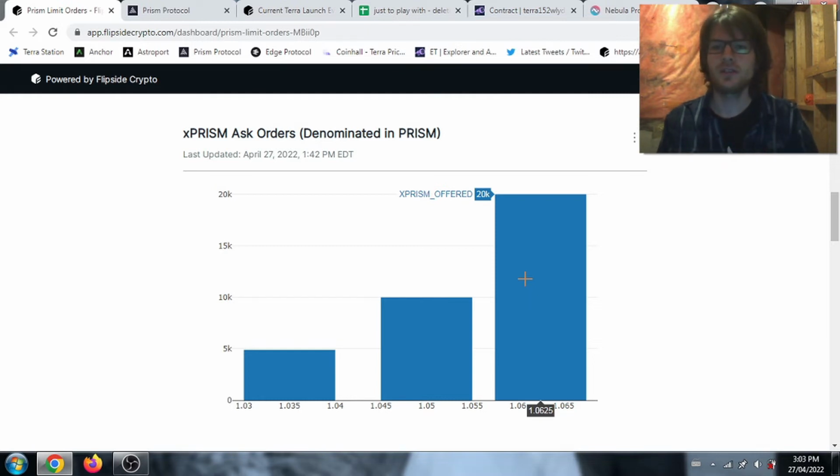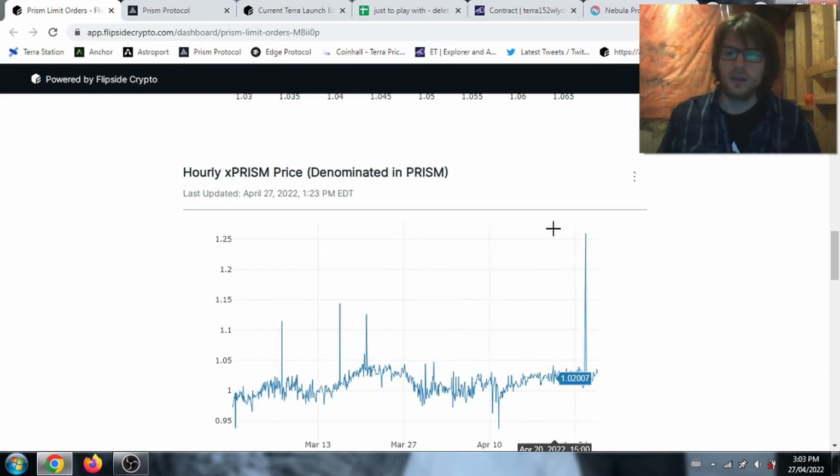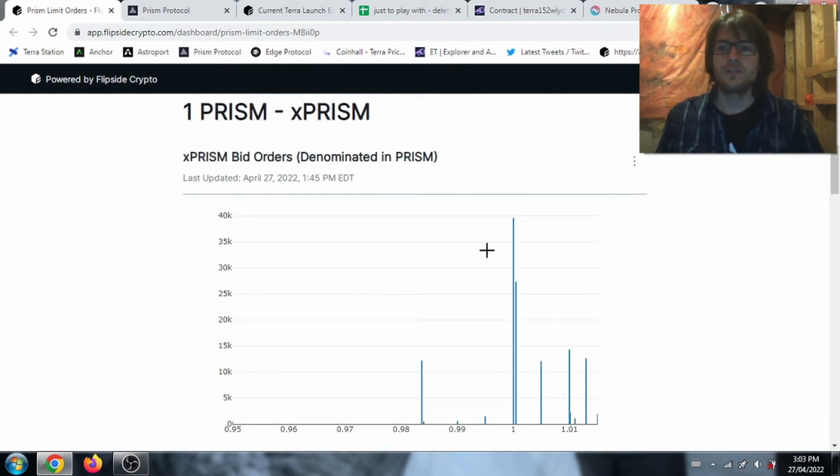There is 20,000 X Prism sitting in the smart contract, and if the price of X Prism in Prism rises above the intrinsic value to, you can see it on the screen, 1.06, then this order is going to be triggered. This X Prism is going to be sold for Prism, right? And that's a very favorable rate. So if that happens, this user is going to come out ahead. So this is going to be very useful for you.